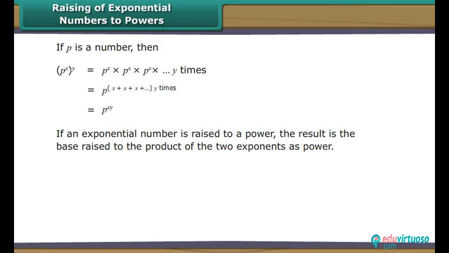If an exponential number is raised to a power, the result is the base raised to the product of the two exponents as power. Let us look at some examples.